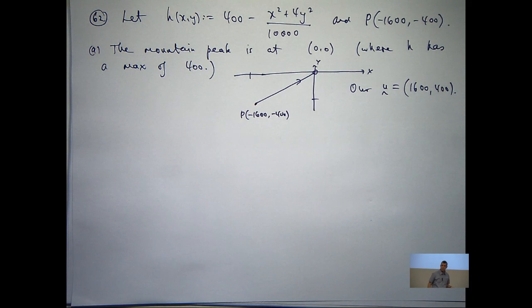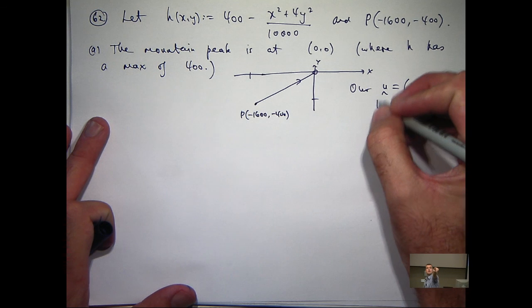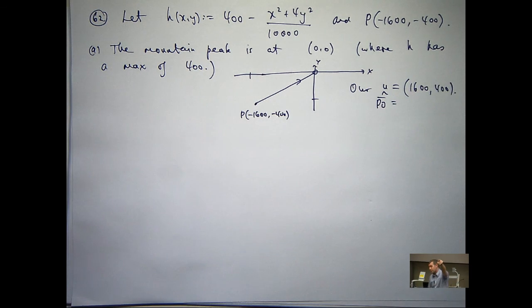If you're worried about that, just work out the vector PO. So this is just the vector PO. Okay? So is that a unit vector? No. So we have to make it a unit vector. We're going to get some messy values here.